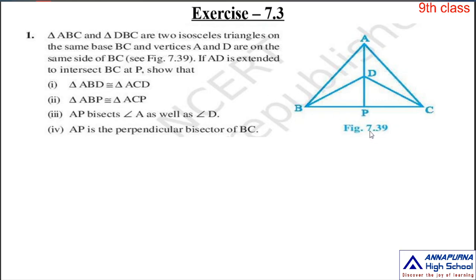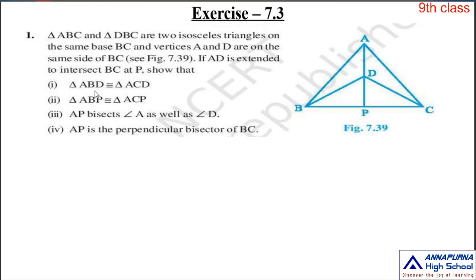See figure 7.39. If AD is extended to intersect BC at a point P, we have to show four conditions.